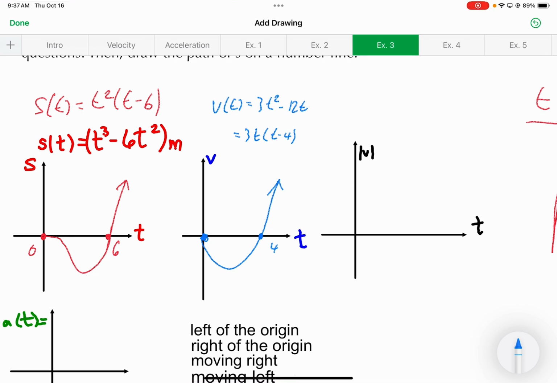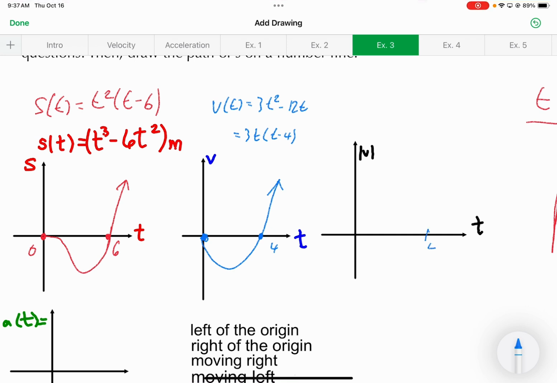Now, I also want to graph absolute value of V, which what does that tell me again? Very good. So how do I use the graph of V to help me graph absolute value of V? Just reflect it over the x, right? I take any values that were below the x-axis, I reflect it over the x.